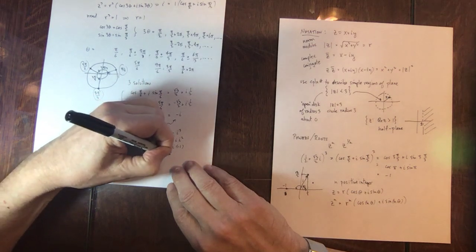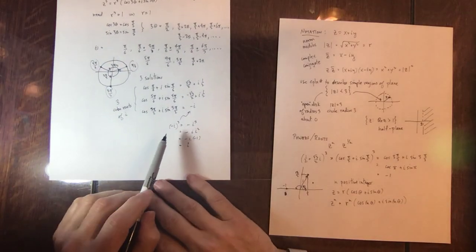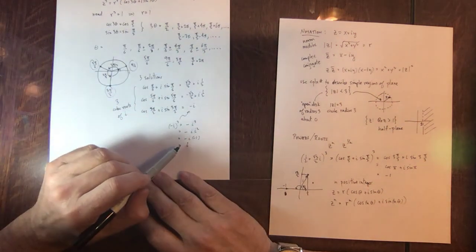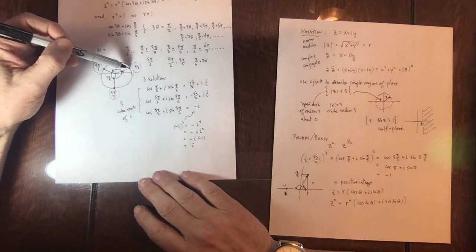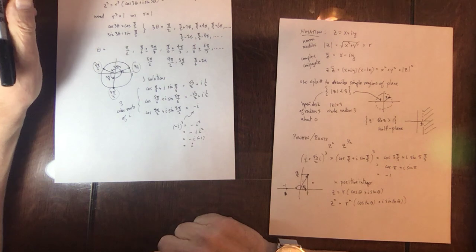So that's plus I. So minus I does have the property that if you cube it, you get plus I. So you might have guessed this root, but these roots would be a little harder to guess.